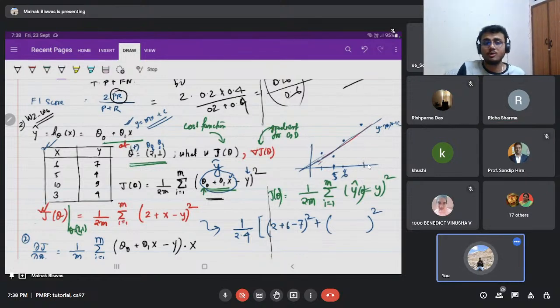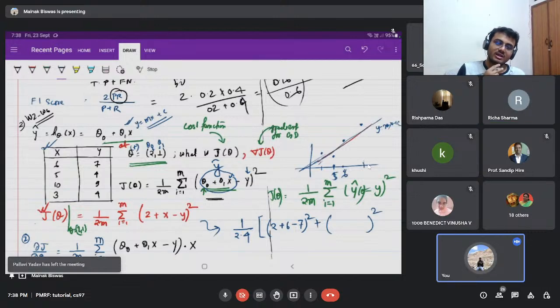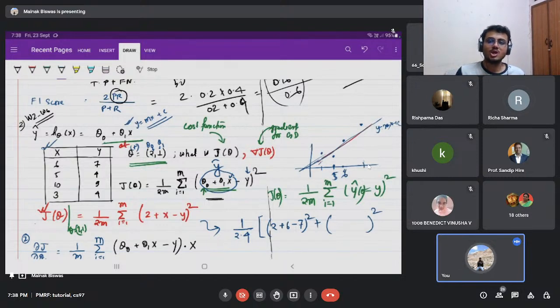This may not be the optimal point, but at a particular point you're told to calculate the loss. Generally in the numericals, the values of theta 0 and theta 1 will be given, ideally. Or you can be told to find theta 0 and theta 1, but there will be easy equations that you can solve by setting the differential to zero. I'll show you just now how to do it.